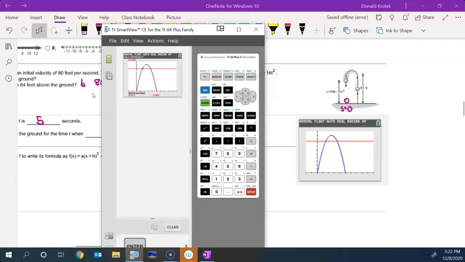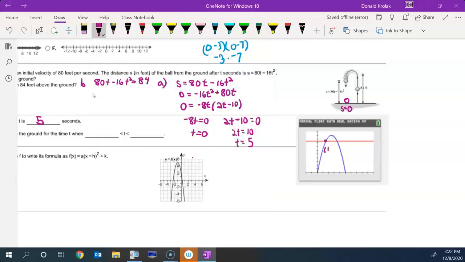Guess. And there's the coordinates of my intersection. This is going to be 1.5 seconds, and the height is 84 feet. Okay, so this one is 1.5. All right, now I want to do it for the other intersection.